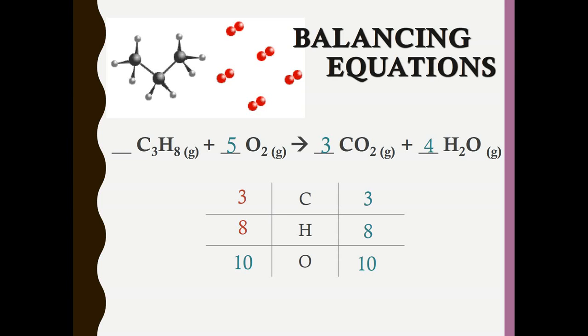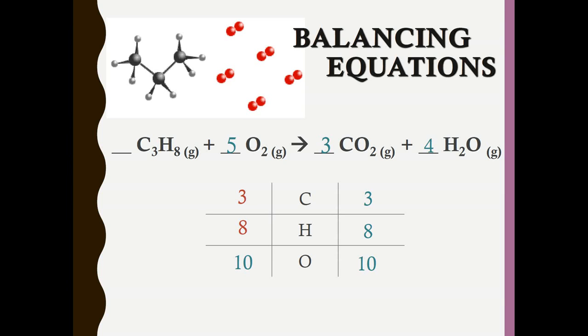Now, if you want to balance this, you have to change carbon first. As you remember from the previous slides, we always balance hydrogen and oxygen in the end. So we start with carbon. If I write down 3 in front of carbon dioxide on the right side, my carbon changes.